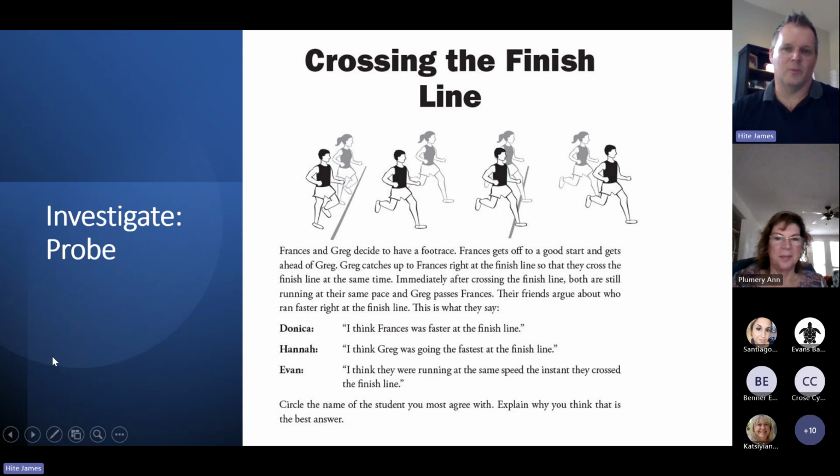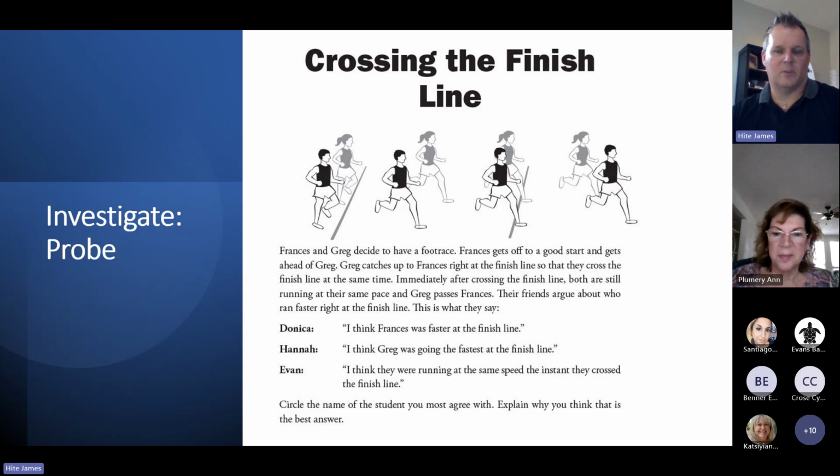Then there's a probe. So we talked about having a probe. This one is crossing the finish line. This is in the student pages, so students will read the probe and then select the answer that they think is the best, and they should do some explanation as well. They could even draw a diagram of that if you wanted to. And there is an explanation.